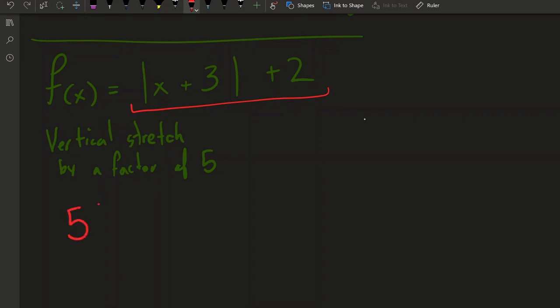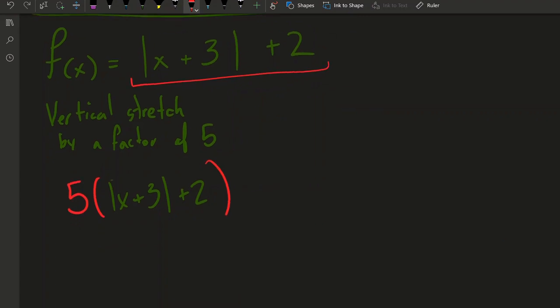So that would be 5 times x plus 3 plus 2. And then using the distributive property, I would get 5 absolute value of x plus 3 plus 10. Remember, I can't distribute into the absolute value, so that would be as simple as I could make it.